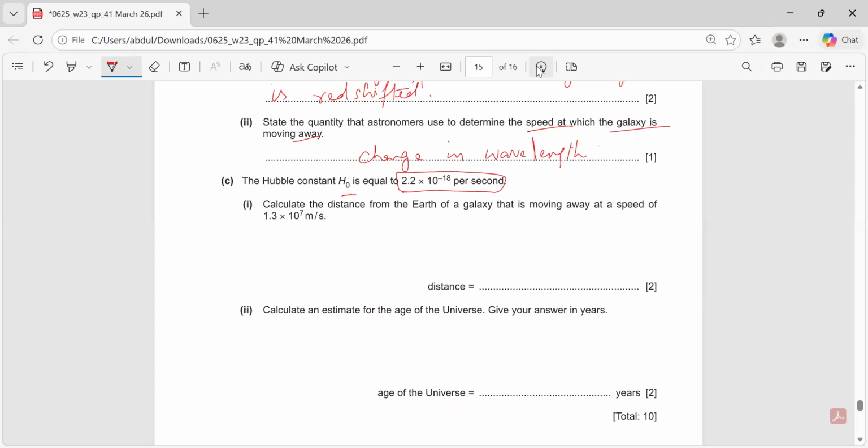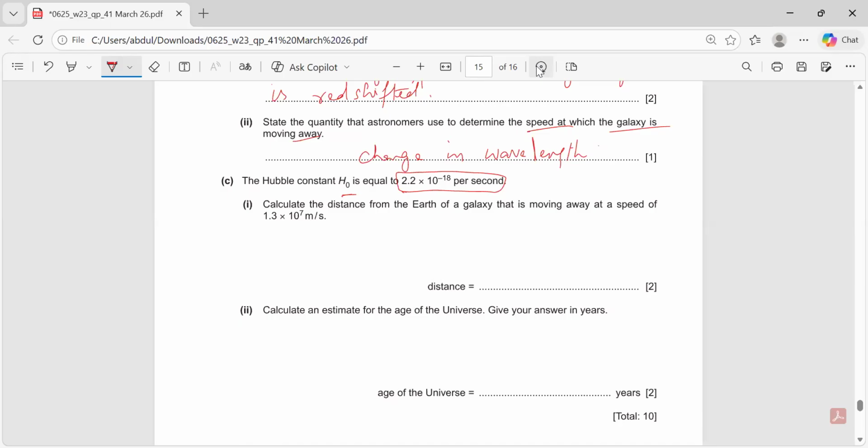My dear friends, all of you are supposed to memorize this numerical value with unit. So the numerical value of Hubble's constant H naught is 2.2 times 10 raised to power minus 18, and its unit is per second. Sometimes they are asking only unit.